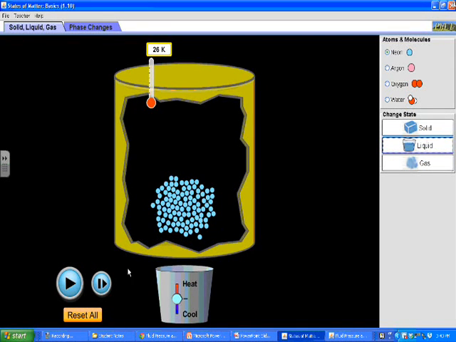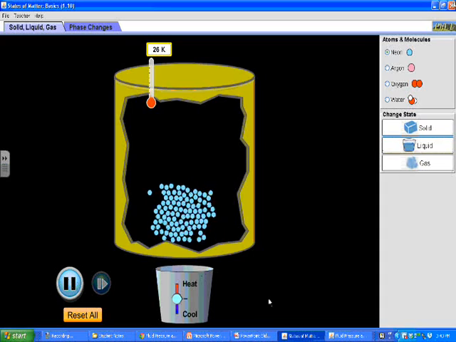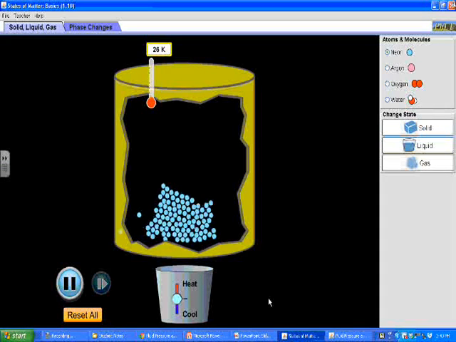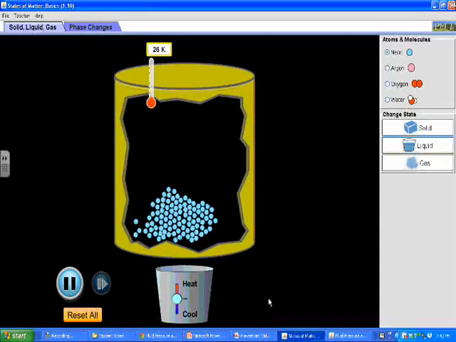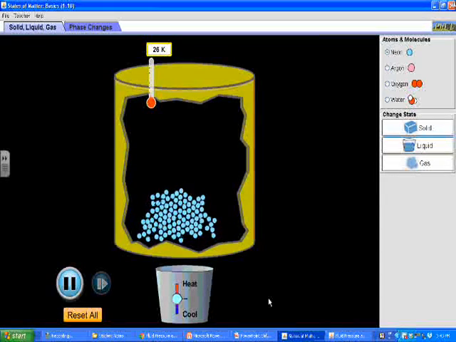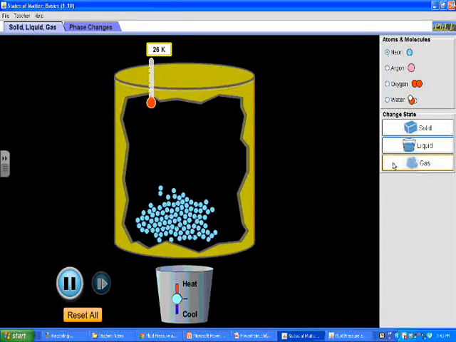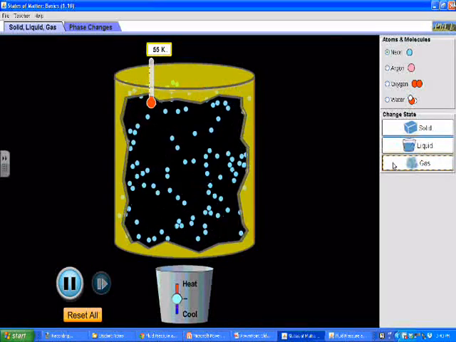As we go to a liquid, they are able to break away a little bit from that ordered arrangement and have a little bit more space, but not as much space between the molecules as a gas would have.